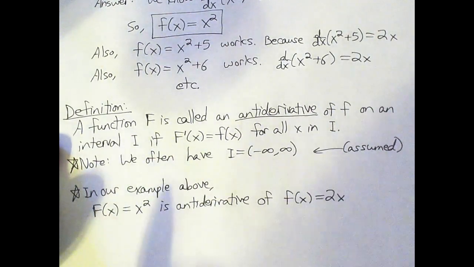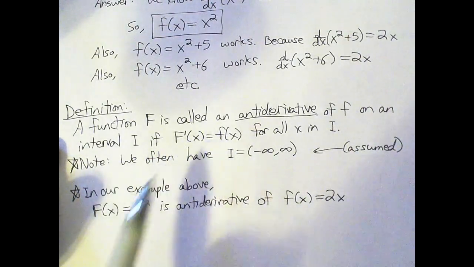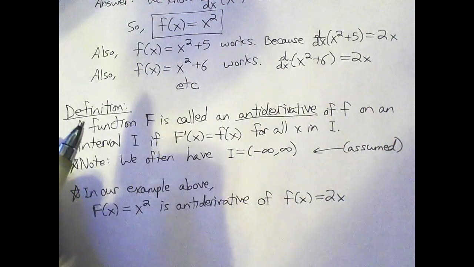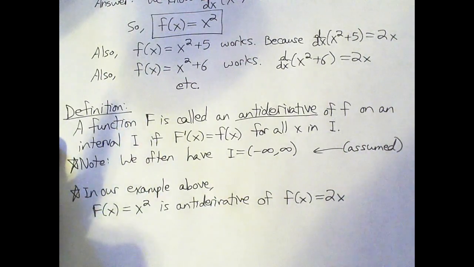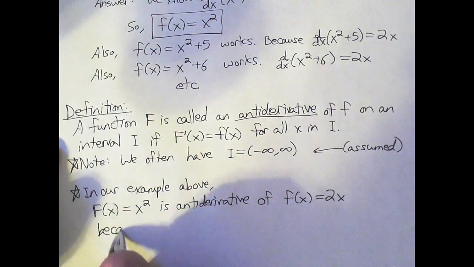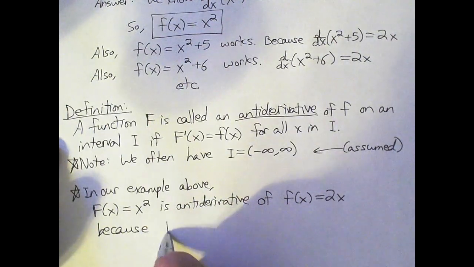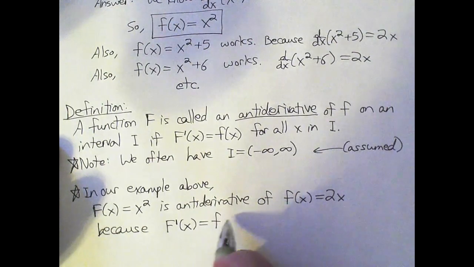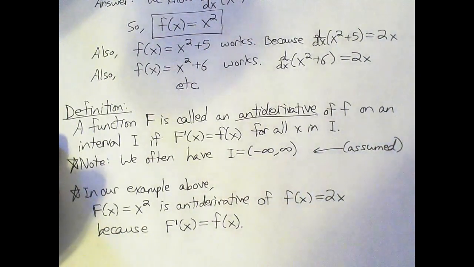So I'm using different notation than what I did above. I'm switching to this kind of capital F lowercase f idea that the definition uses. This is an antiderivative of this because capital F prime equals lowercase f of x.